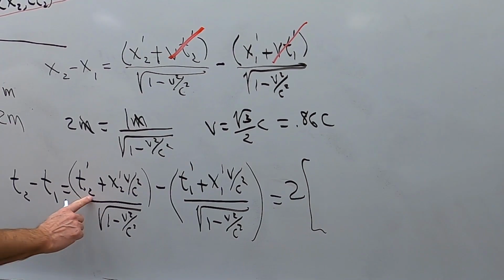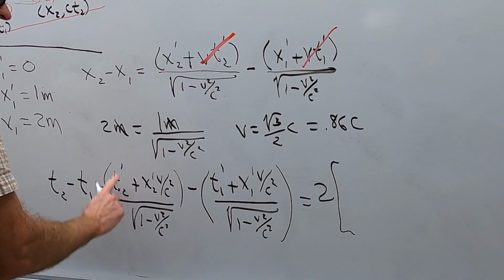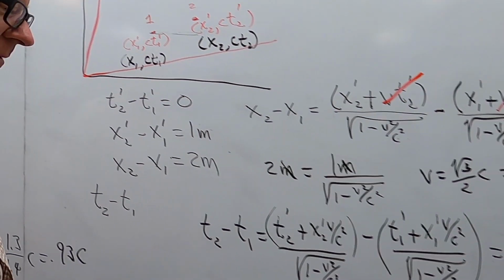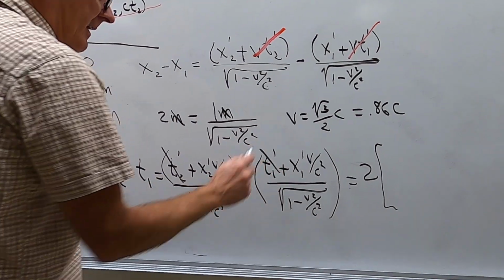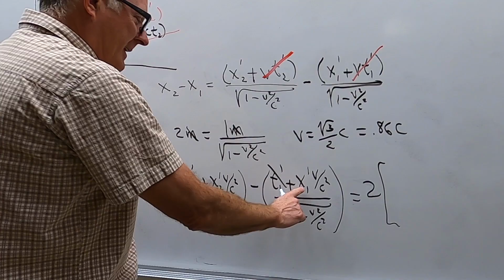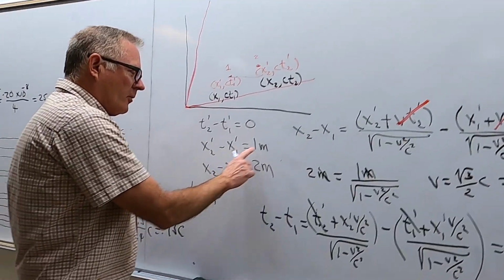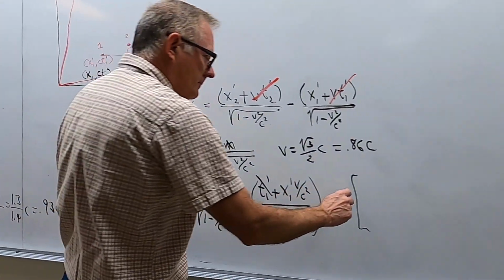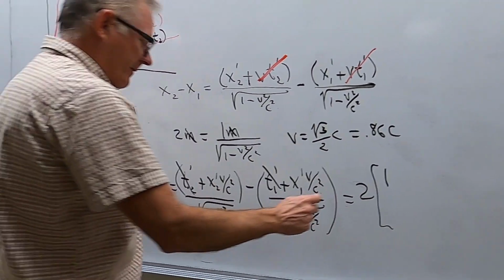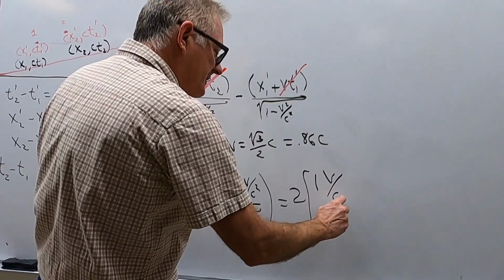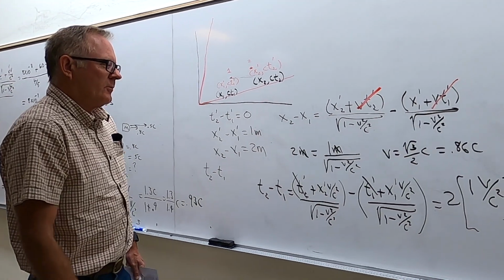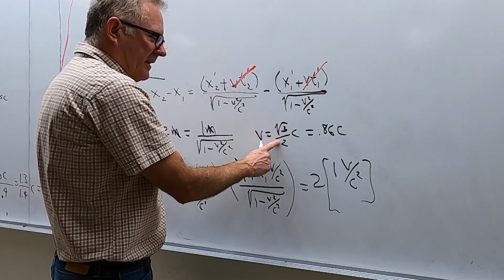And then we've got x2 prime minus x1 prime, and T2 prime minus T1 prime. T2 prime minus T1 prime is 0, so those two cancel out. Now we get x2 prime minus x1 prime, which is 1 meter, times v over c squared. And we know what v is. v is right here.